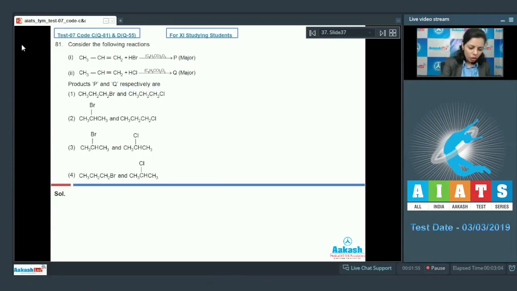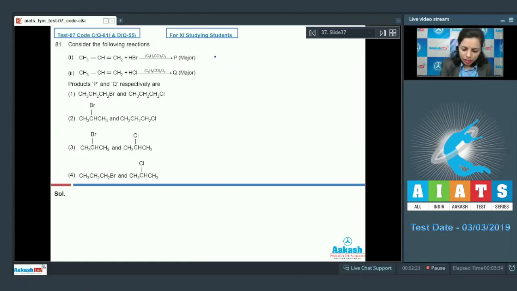In this case, if we talk about the first case, here HBr you are adding in the presence of peroxide, this addition will follow anti-Markovnikov rule or the Kharash effect. In this case, this negative part of this attacking species will be added to that carbon at which number of hydrogen atoms are more, while this H plus ion would be added to that carbon at which the number of hydrogen atoms are less.